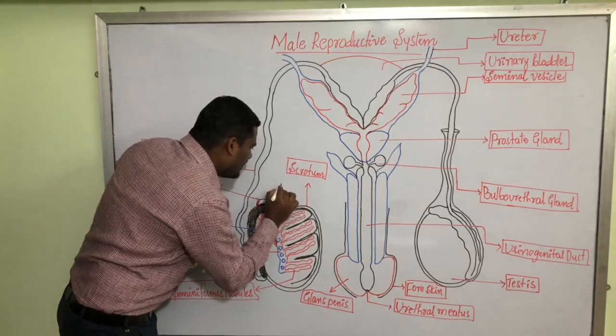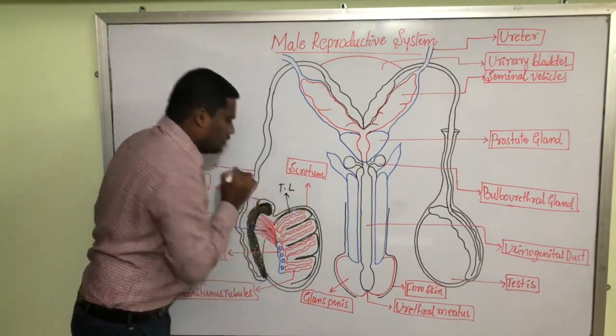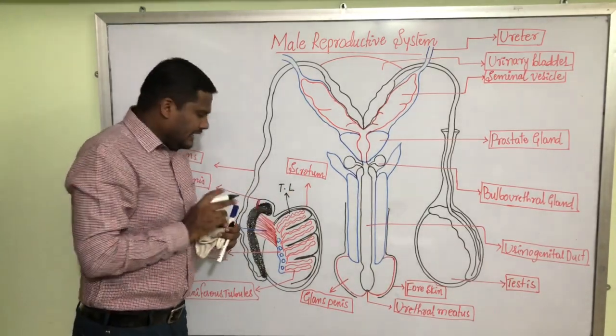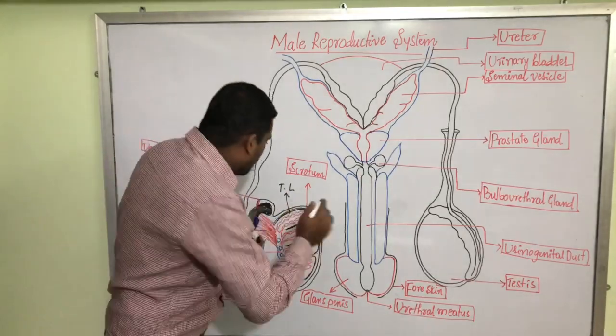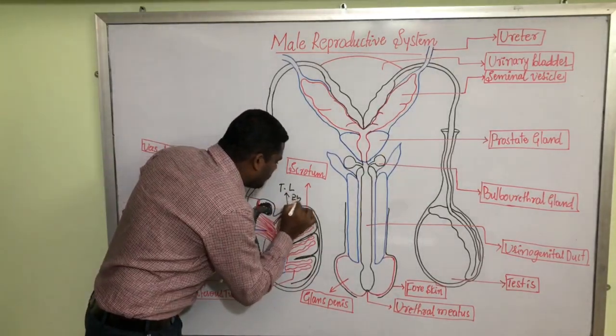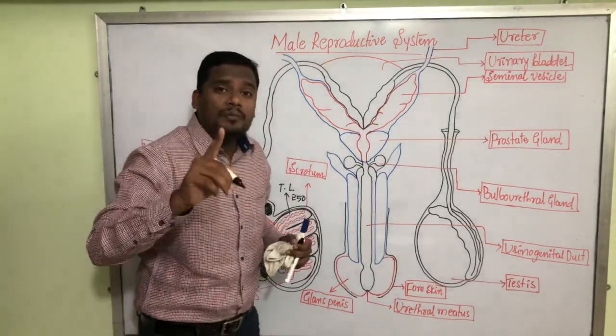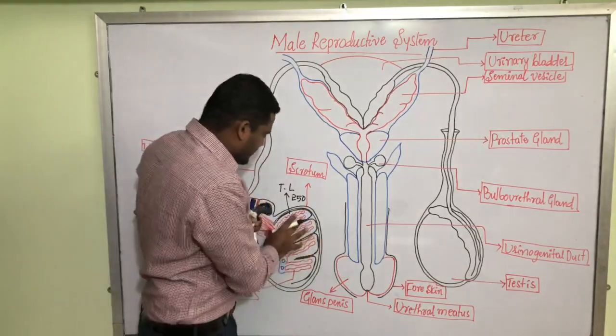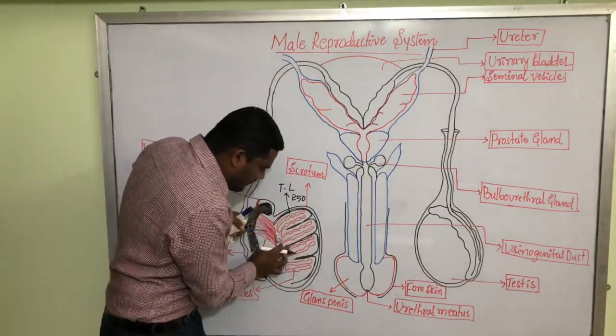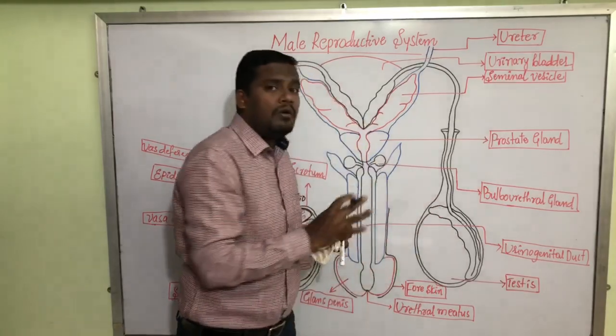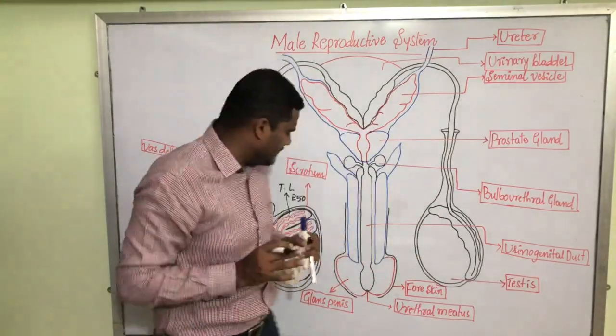These lobules are testicular lobules. In each testis, approximately 250 such testicular lobules are present. Here we have 250 compartments. Here also we have 250 compartments approximately.